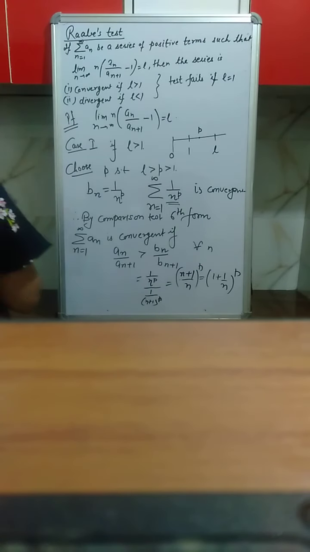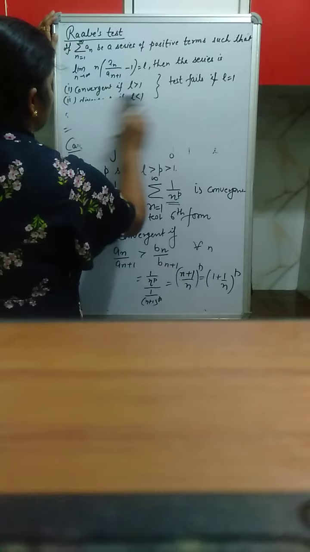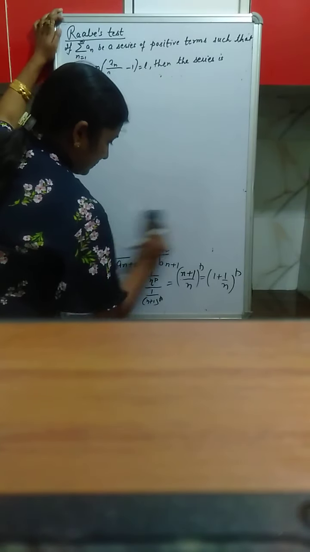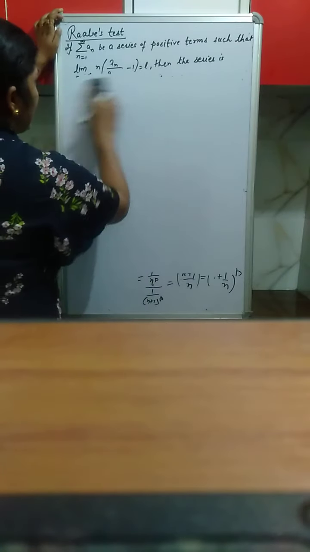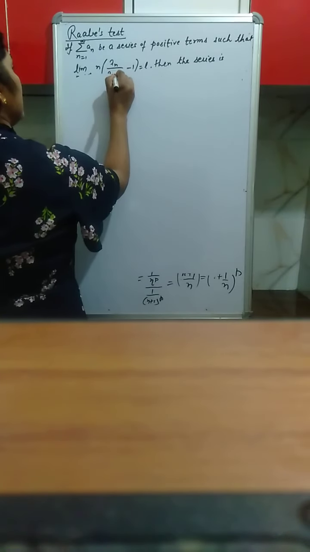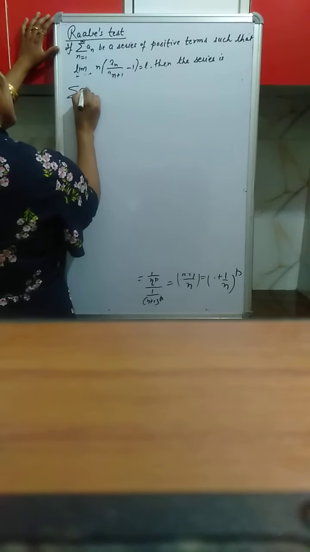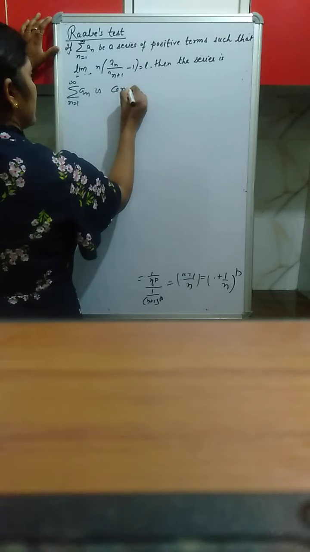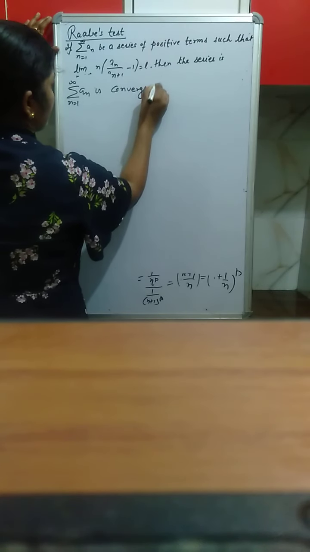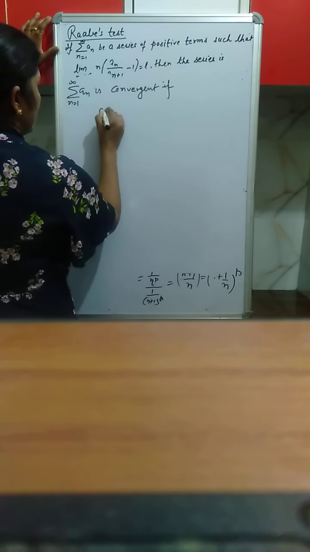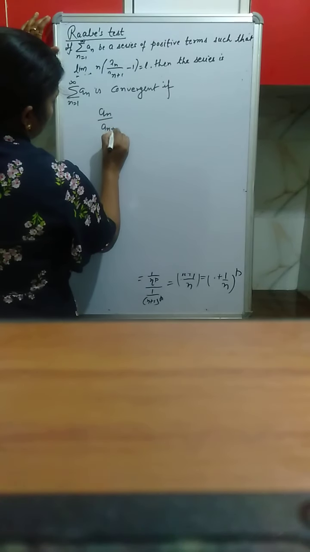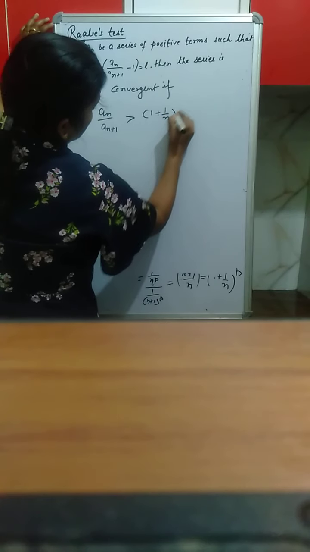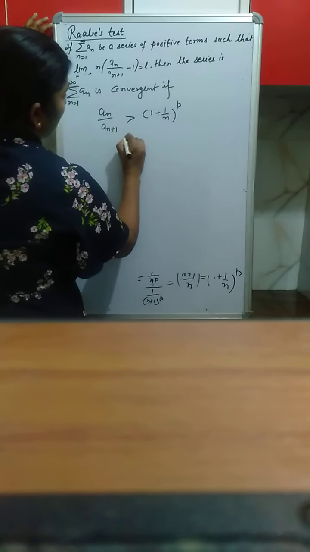Okay, so as we are considering the case L greater than P greater than 1, we get that summation u_n is convergent if u_n upon u_{n+1} is greater than (1 plus 1 by n) raised to the power P. Expand it with the help of the binomial theorem.